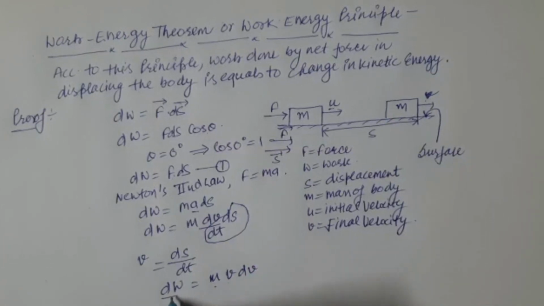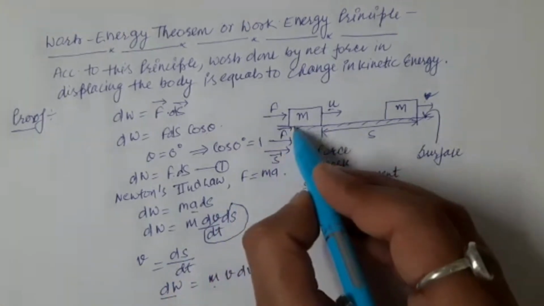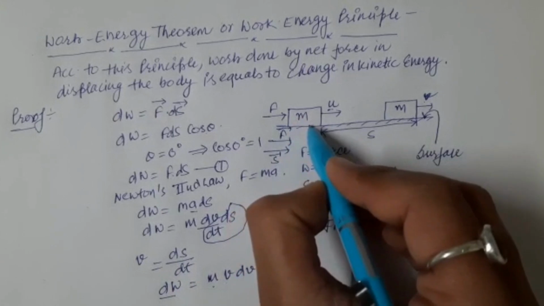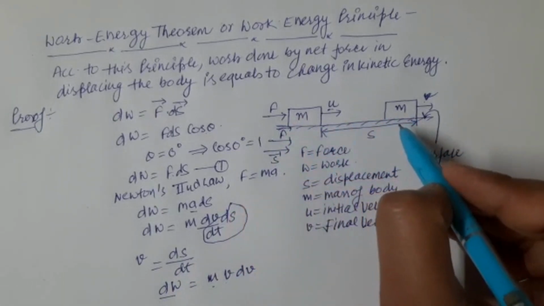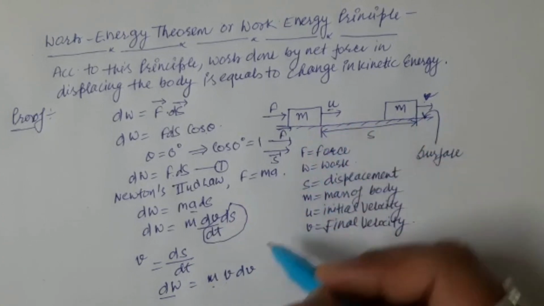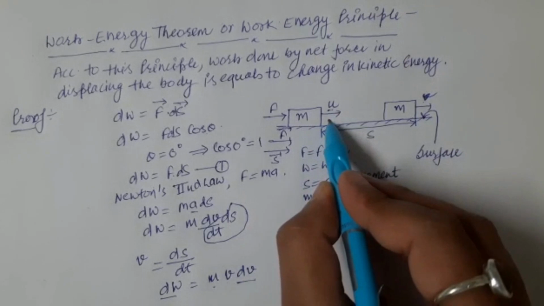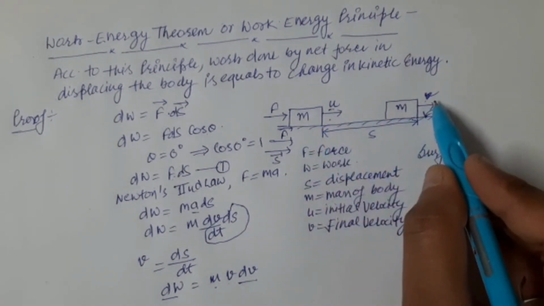This is a small amount of work done, and if we want to calculate the complete work done from the initial position to the final position, we have to integrate over velocity, from the lower limit, the initial velocity u, to the upper limit, the velocity v.